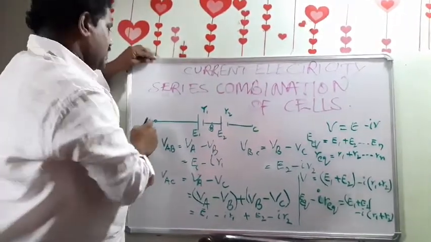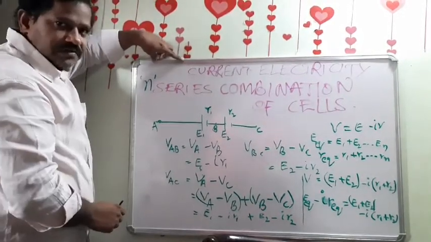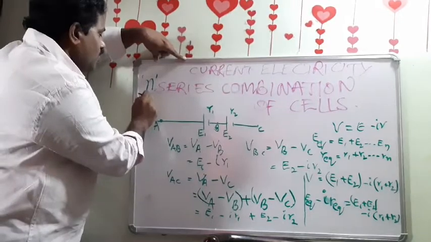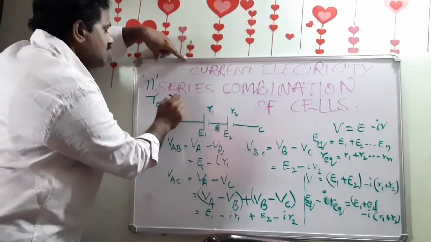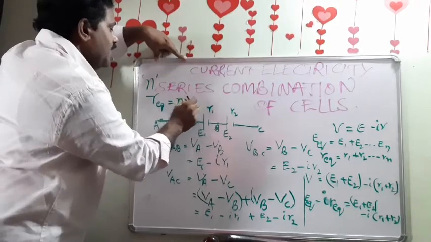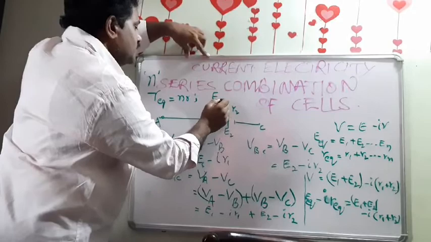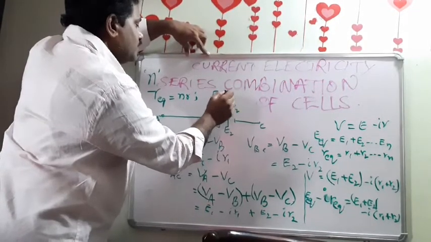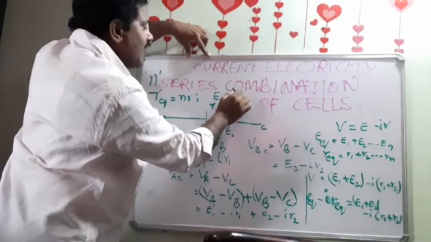So n cells in series combination will have total internal resistance nr and total EMF E plus E and so on n times. So it is nE.